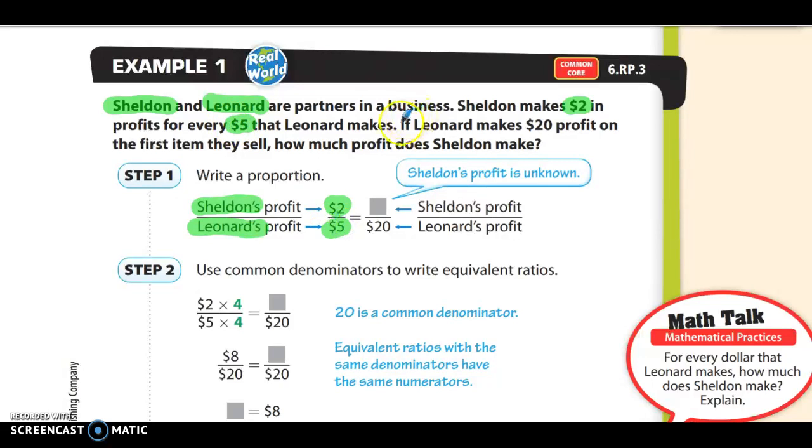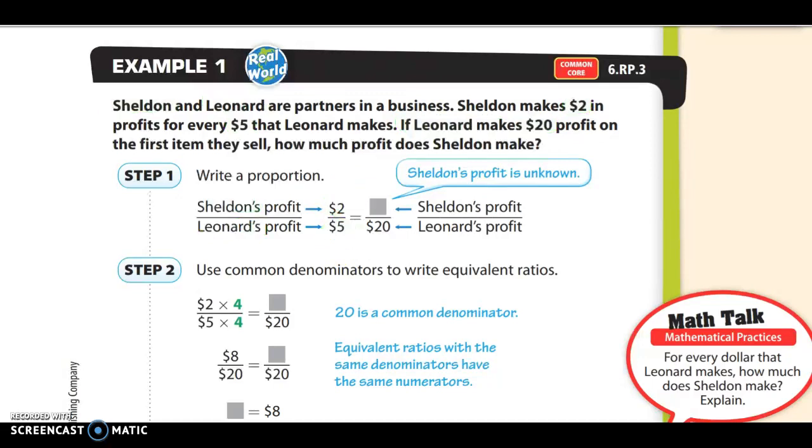And then later they ask about Leonard's profits. Notice that we put 20 as the second term because it has to go on the Leonard side. It says right here it's Leonard making $20. So mathematically, to get from 5 to 20, I'm multiplying by 4. So to get from 2 to my answer, I'm going to multiply by 4.